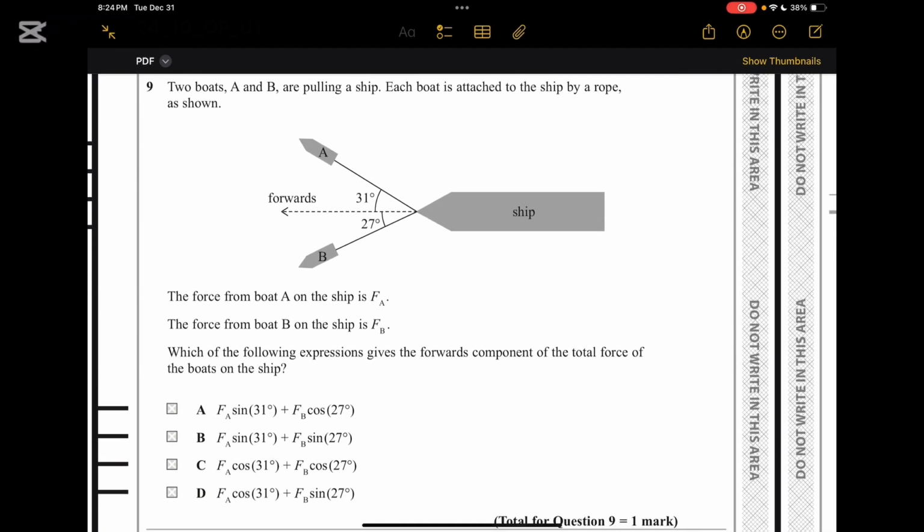Now moving forward to question number 9, they have said two boats A and B are pulling a ship. Each boat is attached to the ship by a rope as shown.